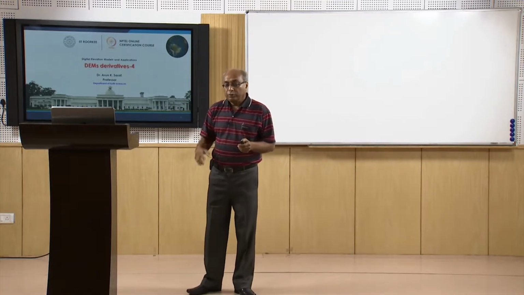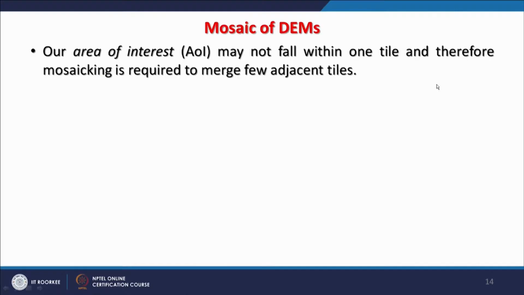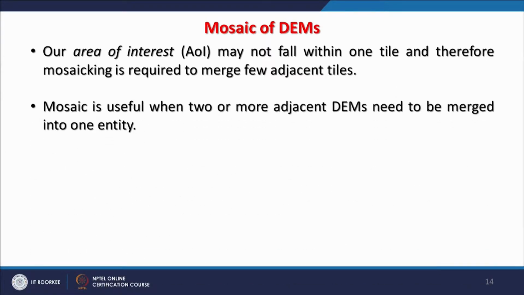But whether it is a large tile or a small tile, 5-degree tile or 1-degree tile, through the same process we can make a single seamless file, and that process is called mosaicing. Because the area of interest may not fall within one tile, mosaicing is required to merge many adjacent tiles.